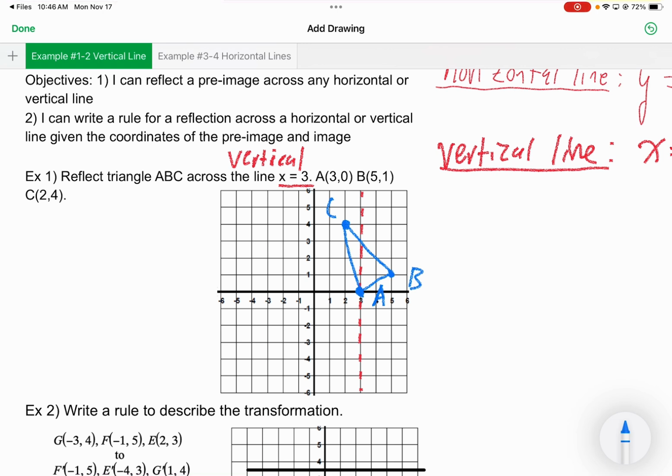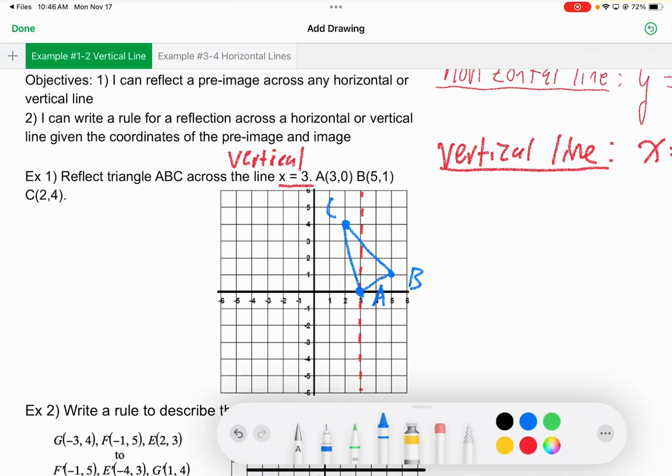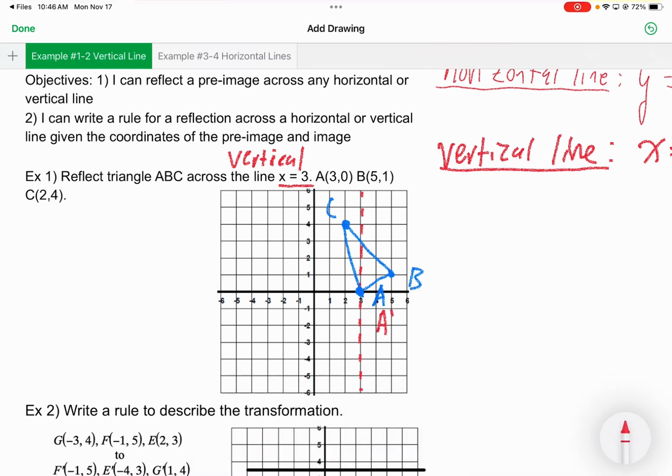Which means some points are going to move to the left, some are going to move to the right, and one of them is not going to move at all. Which point isn't going to move at all? Yeah, A is not going to move at all. So A prime is going to be at that same spot. Let's do B prime. Again, there's no rule. You just have to count. What direction is B going to go? To the left.